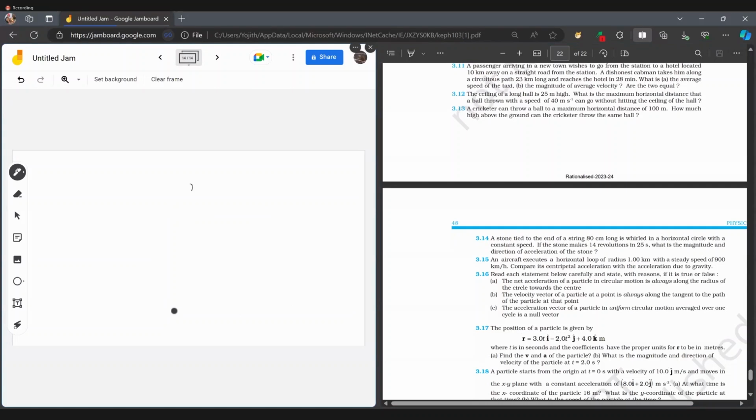Okay, centripetal acceleration is always directed towards the center. Okay, sure. Next question. An aircraft executes a horizontal loop of radius 1 kilometer with a steady speed of 900 kilometers per hour. Compare its centripetal acceleration with the acceleration due to gravity. Okay, so radius of loop is 1000 meters.